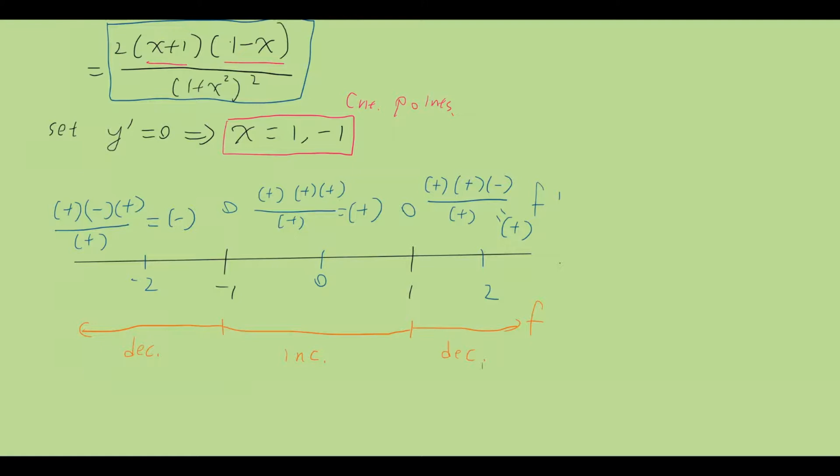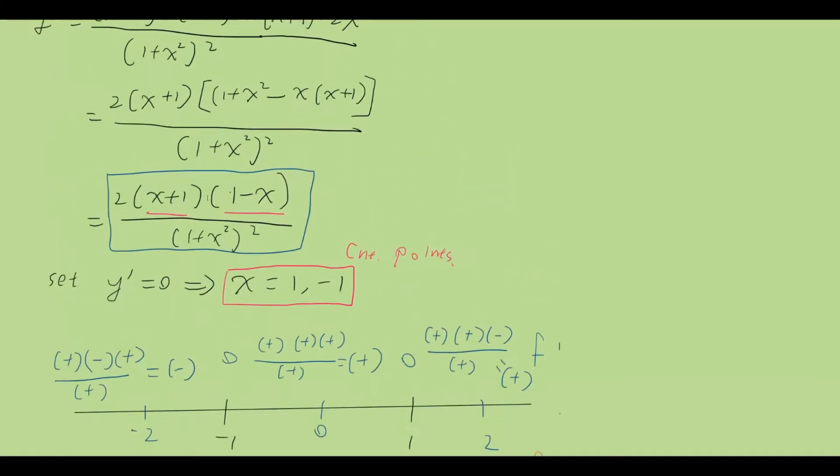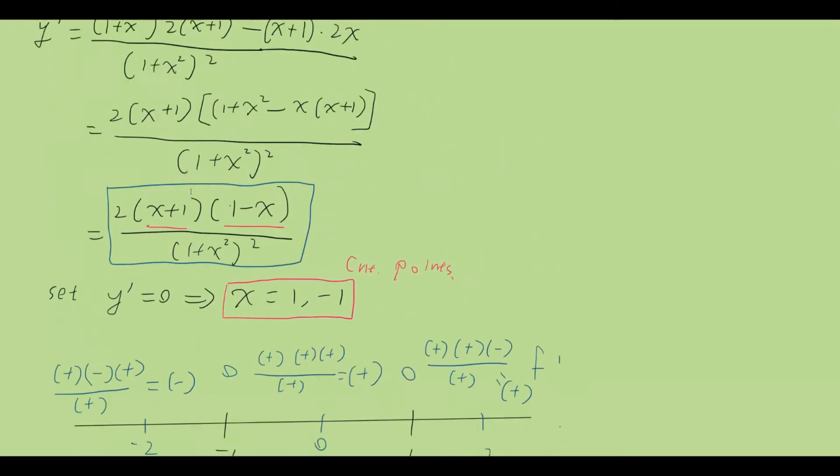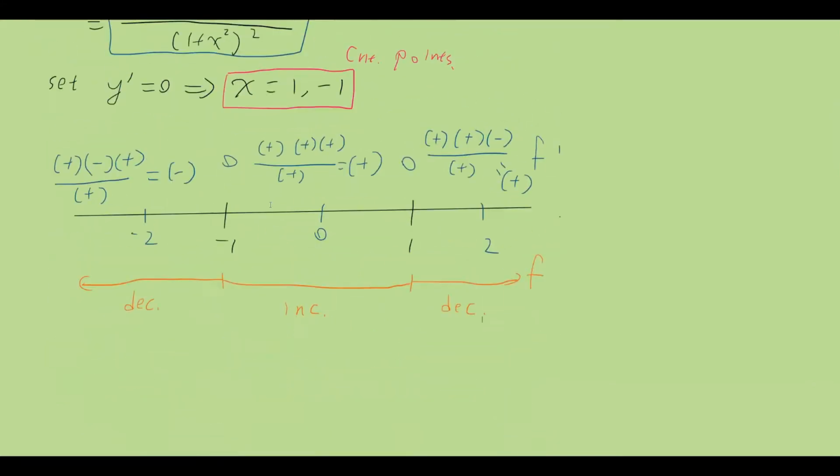All right, let's move on to the second derivative. So the second derivative now, it's going to be a lot of trouble to find. Okay, but let's try it. I'm going to start by multiplying these two out.